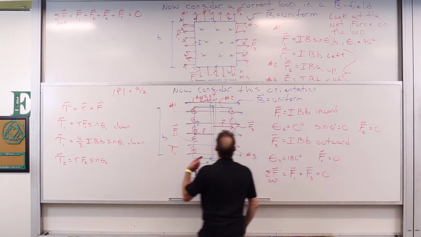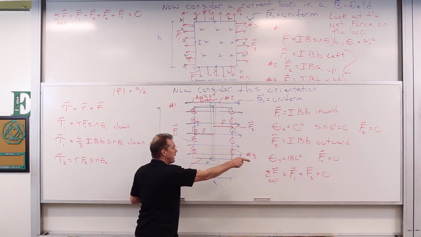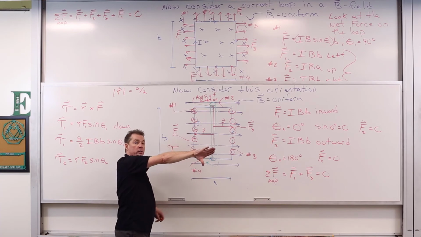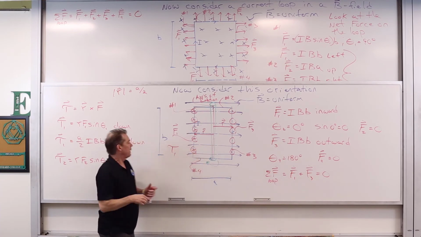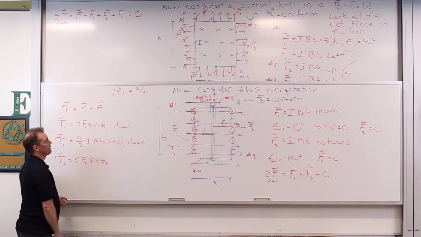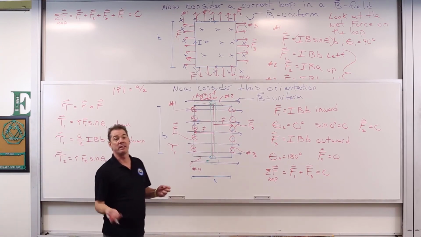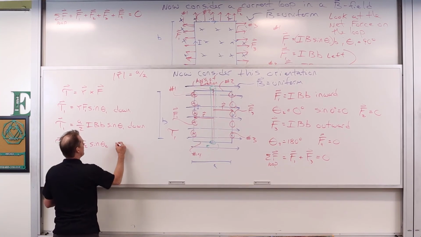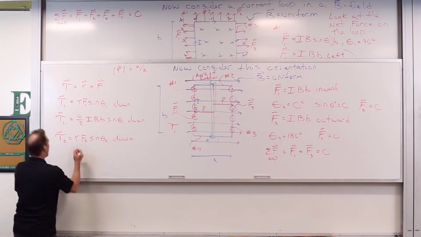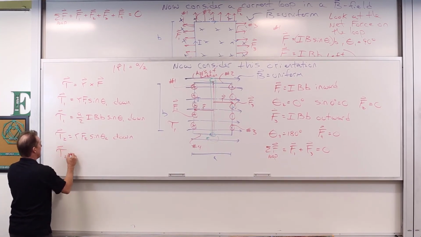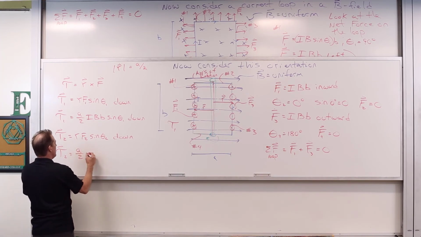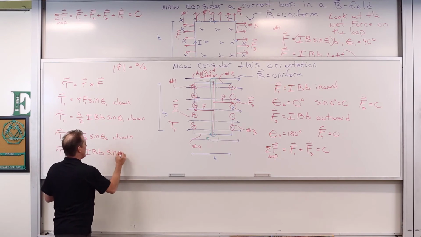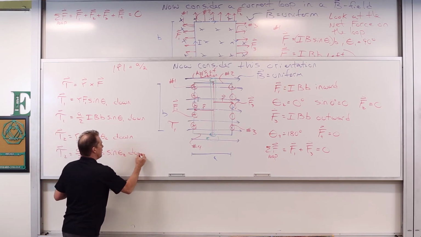Now we've got R this way crossed into F, which is out of the board. The torque directionally is downward. Ultimately, the two torques are in the same direction, which then have the tendency of producing the same directionality regarding the rotation. That's what the important thing is. This is down as well. And we've got then tau 2 is going to be A over 2 times I times B times the sine of theta 2 downward.